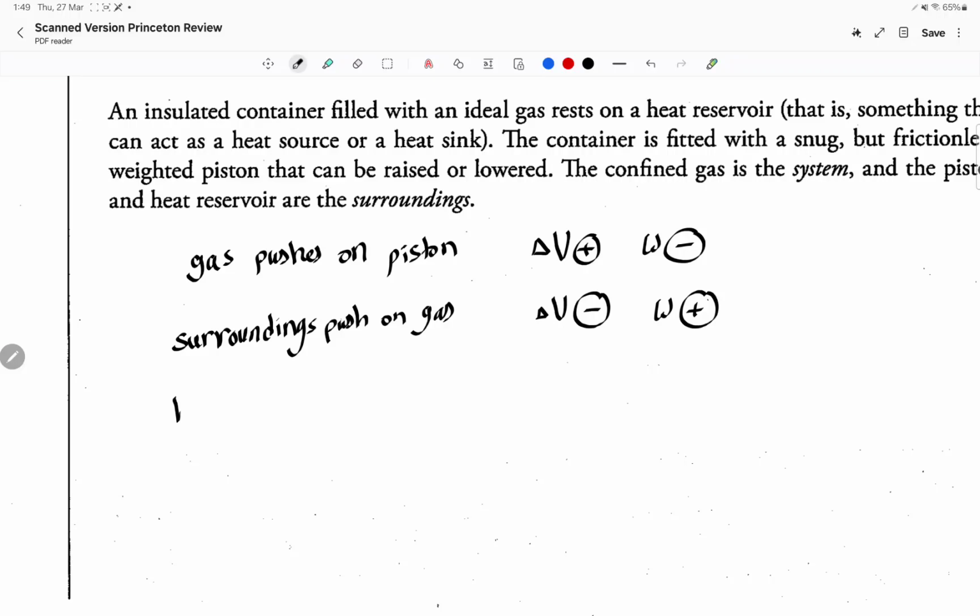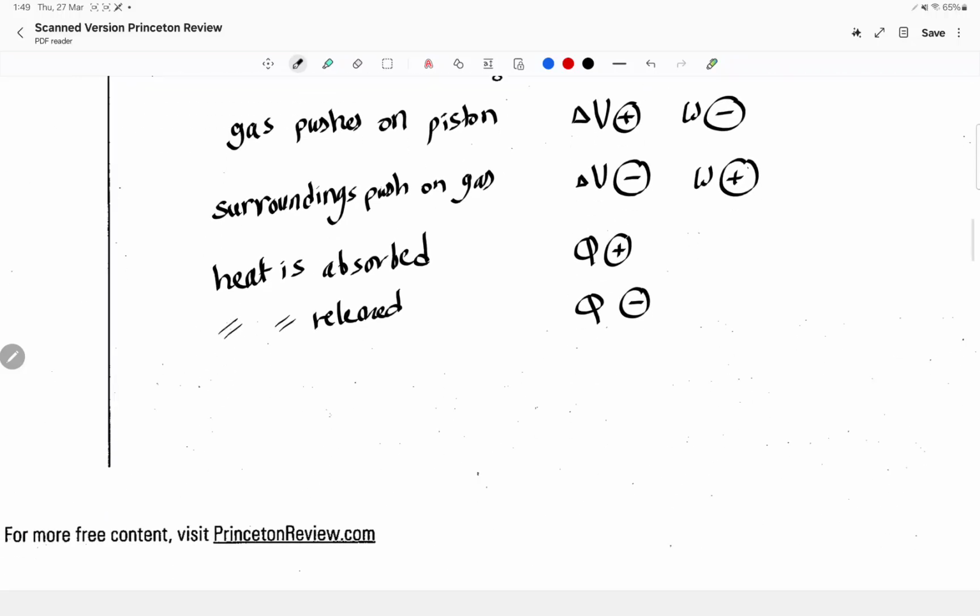Number 2, if the heat is absorbed, that means that Q is positive. If the heat is released, that means the Q is negative. What else? We have a couple of names that we have to get familiar with.